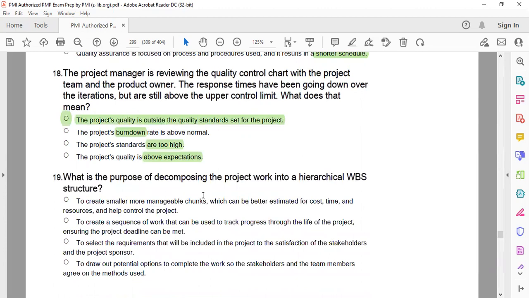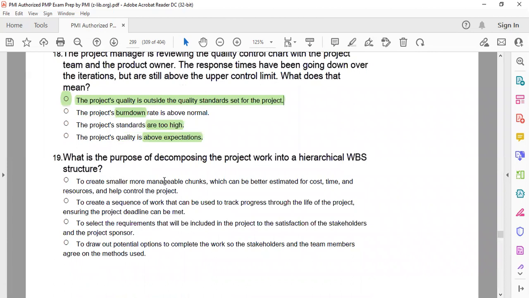Next, what is the purpose of decomposing the project work into WBS? To create smaller, more manageable chunks, which can be better estimated, to create a sequence of work, to select the requirement that will be included in the project to the satisfaction of a stakeholder and a sponsor, to draw potential options to complete the work so the stakeholders and the team member agree on the method used.